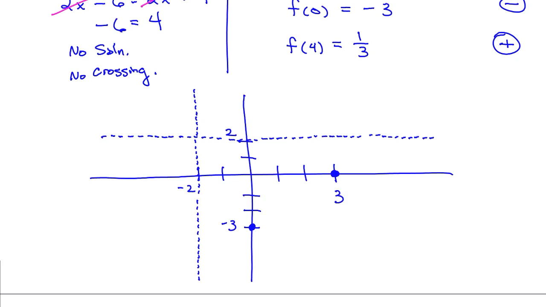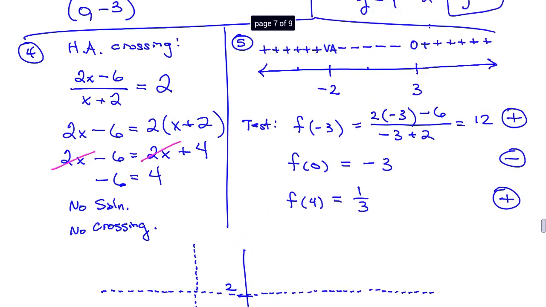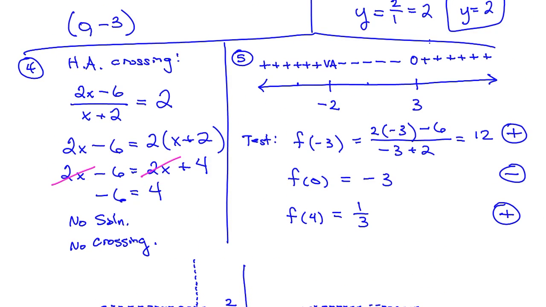Now this is where the piece of information we talked about before, with x approaching a number from the left and the right, comes into play. The number line from part 5 here tells me that information. We know that we have a vertical asymptote at x equals -2. As x approaches -2 from the left, all of the y values are positive.